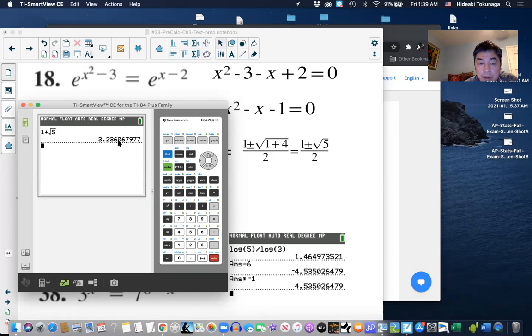Then this amount divided by 2. That's one of the answers. Let me write down the other answer: 1 minus square root 5, divided by 2.